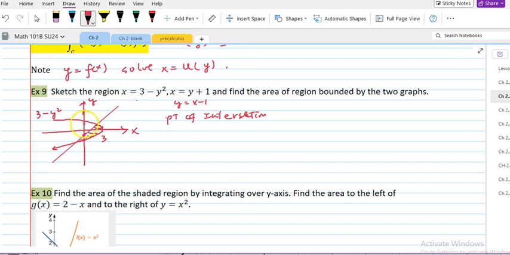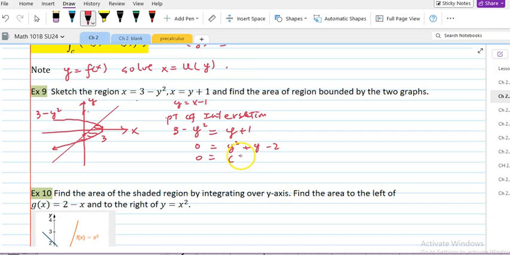And we're interested in the y coordinate. So 3 minus y squared is equal to y plus 1. Move everything to the other side: 0 equals y squared plus y plus 1 minus 3, which means minus 2.